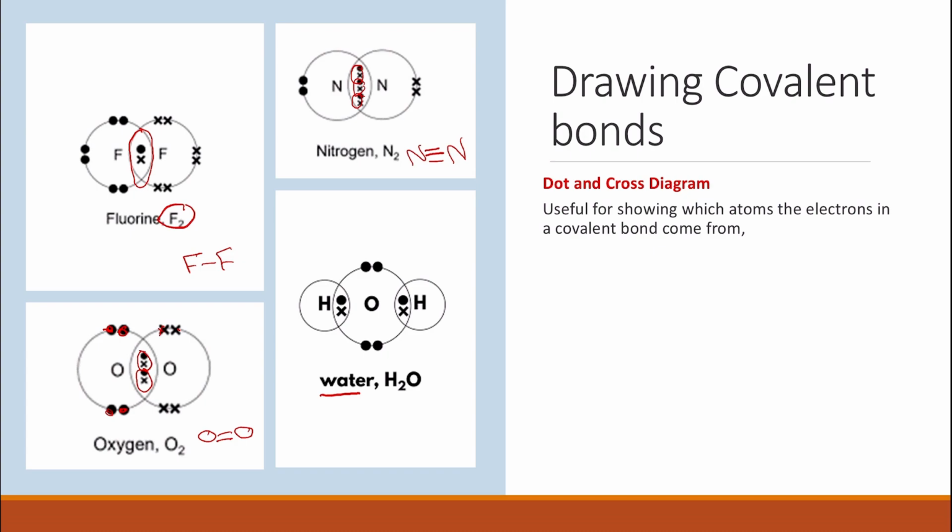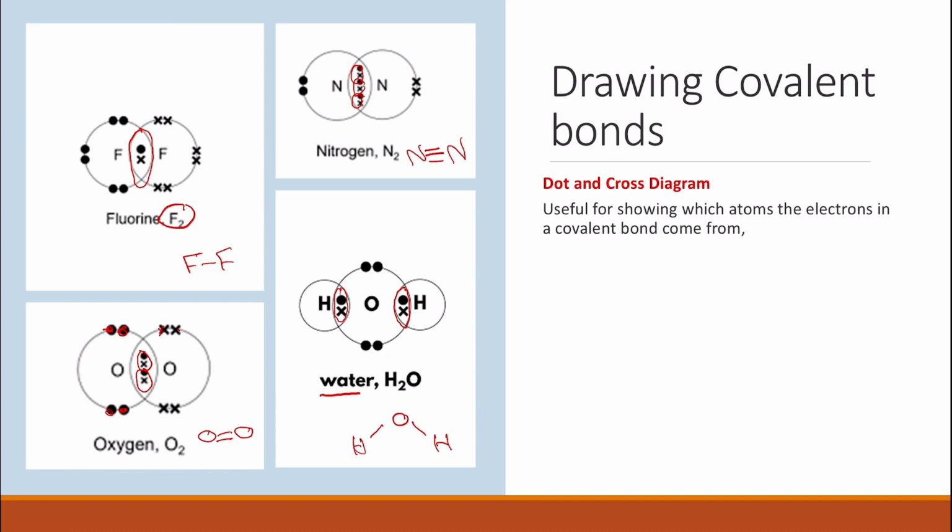So oxygen will react with two atoms of hydrogen. With each atom of hydrogen, there will be one shared pair of electrons, and that represents one covalent bond. So if you want to draw the displayed formula for water, you have to put the oxygen with two different covalent bonds to two different hydrogen atoms.